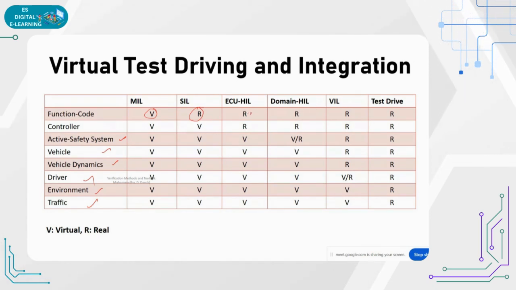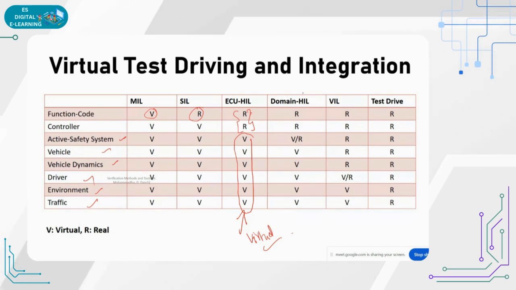If you see the HIL, we have a real controller and real code. The remaining parts, the active safety system, vehicle dynamics, driver, environment, and traffic, we need to create virtually, because we cannot simulate the real traffic, so we need to use simulation.